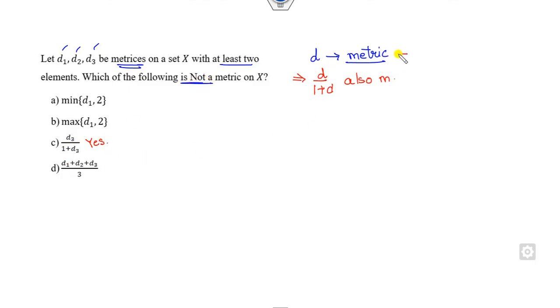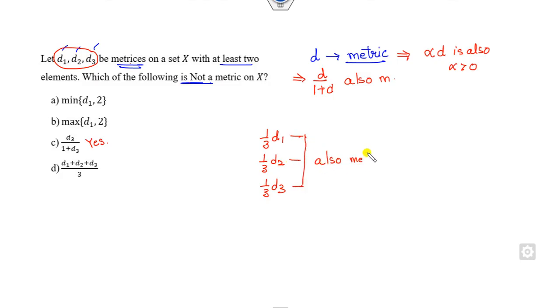If d is a metric, alpha into d is also a metric, provided alpha is greater than 0. So I can say this is 1 over 3 d1, 1 over 3 d2, and here, since all of them are metrics, this and this are also metrics. So once they are metrics, the sum of them is also a metric. So it means yes, the last option is also correct, is a metric.